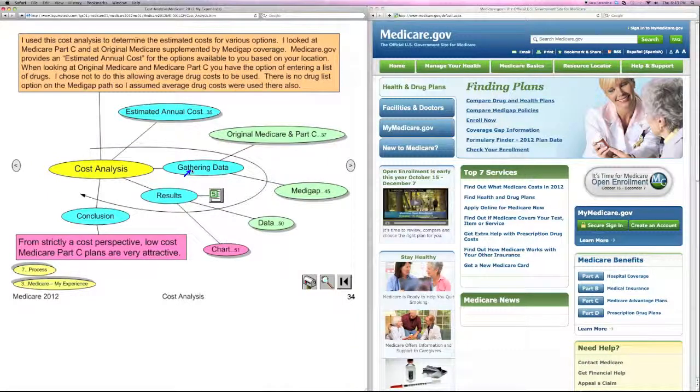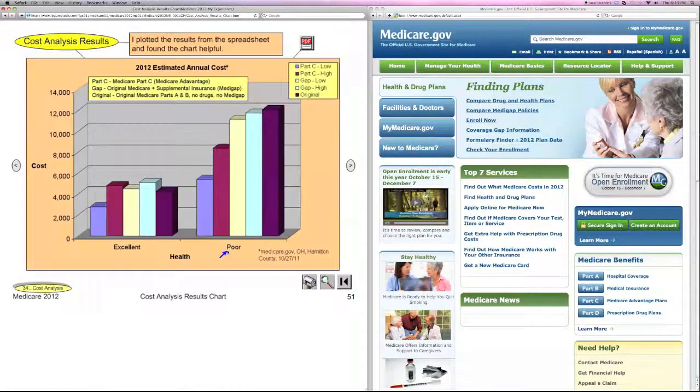I then analyzed the cost of the various different options, and I'll have another video on that that talks specifically about gathering the data. But I ended up plotting a chart that looks like this, and really looked at what would happen if I was in excellent health or in poor health, and saying, okay, this is the range of costs that I might expect for medical care.